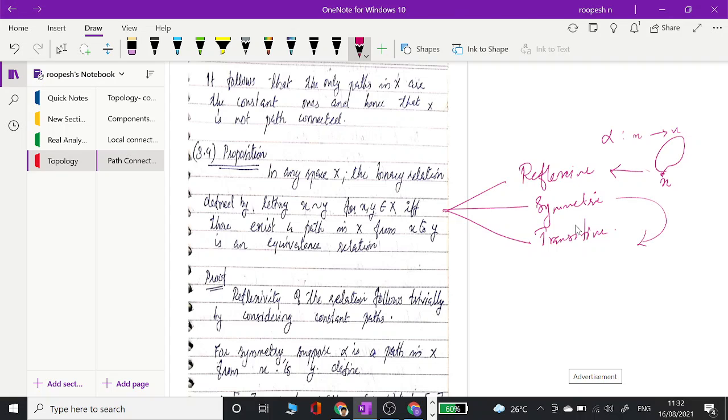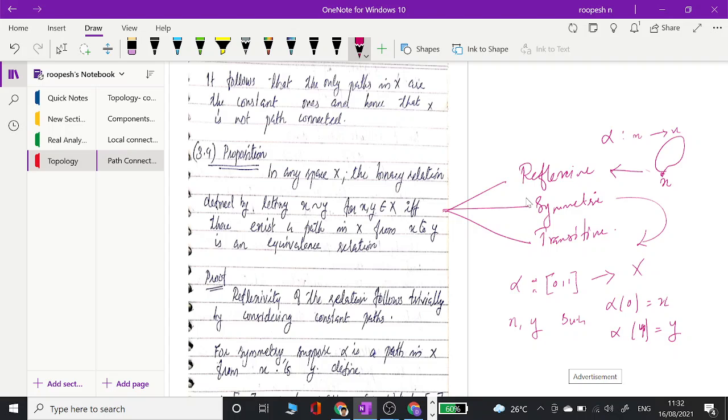What about symmetry? Suppose there is an alpha from the closed interval 0, 1 to some space X, and there are some points x and y such that alpha of 0 is equal to x and alpha of 1 equal to y.